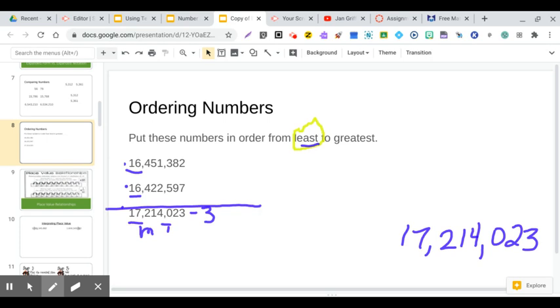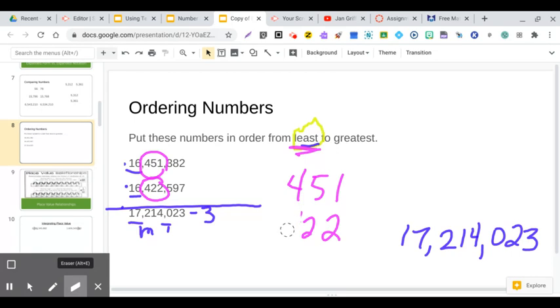All right. Now, since both of these numbers have 16 in the millions, let's look at the thousands period here. So now I'm looking at the numbers 451 and 422. Remember, we're looking for the least number. So which of these is the least? 451, 422. Which of those is the least?